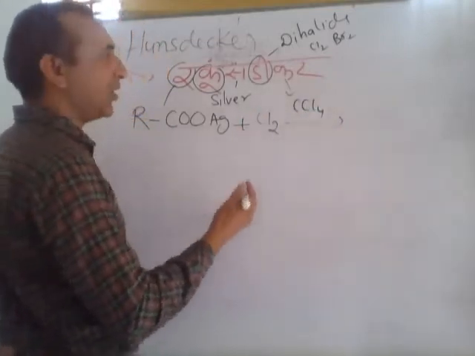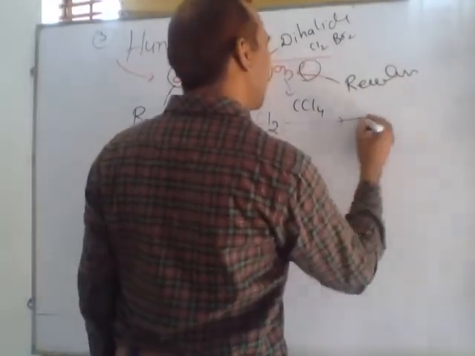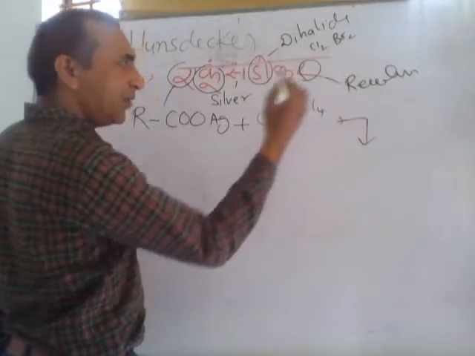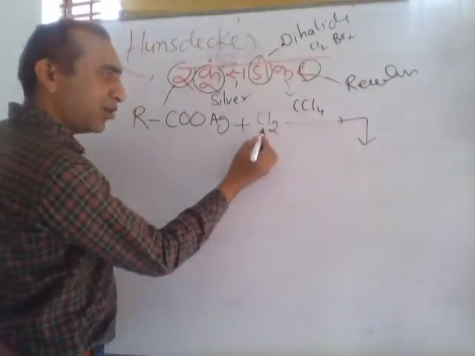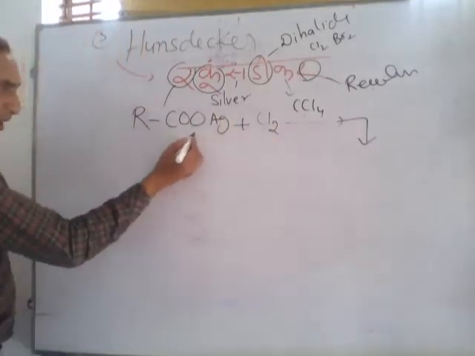CCl4 is used as a solvent and R for reaction. So for the Hunsdiecker reaction, we can say it is the reaction in which, in the presence of CCl4, chlorine or bromine reacts with the silver salt of carboxylic acid.